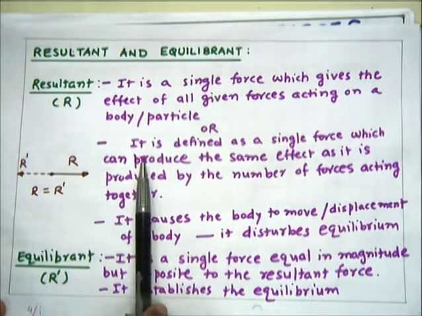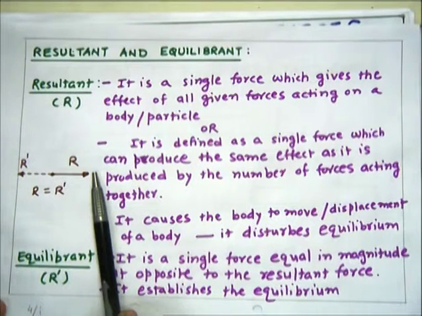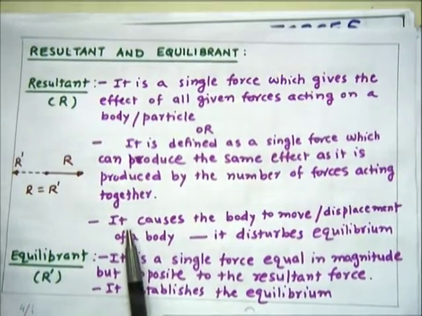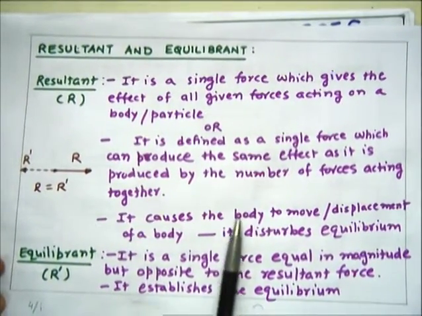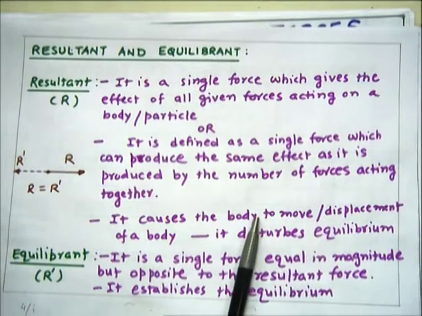So it is nothing but a single force in place of a number of forces acting on a body, and it is usually denoted by R. So R is nothing but its magnitude. We also need to find the magnitude as well as the direction of the resultant force, that is alpha R. And the resultant, obviously, causes the body to move, or causes the displacement of a body. So obviously it is disturbing the equilibrium.